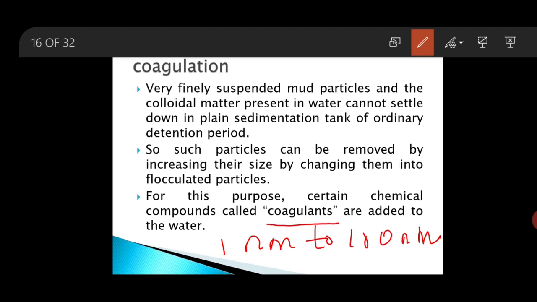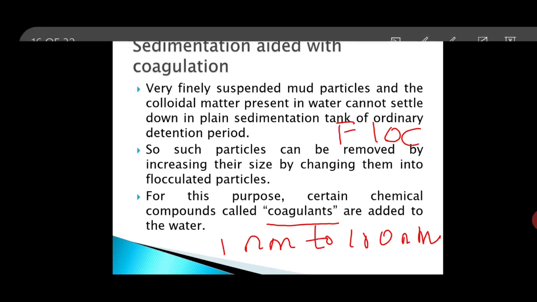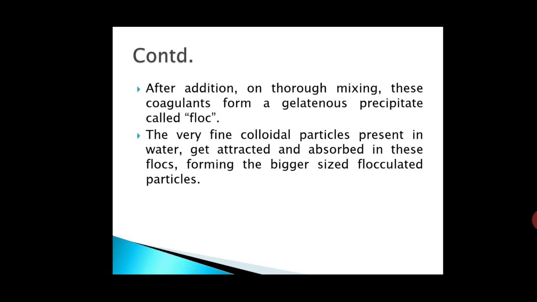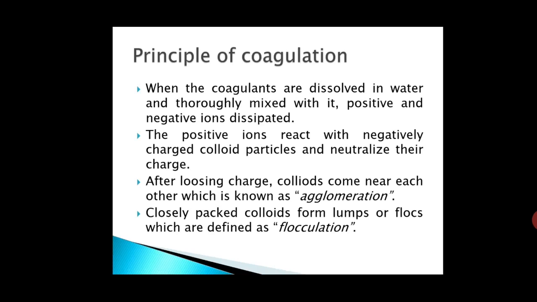So these coagulants will form a gelatinous precipitate called floc, and the very fine colloidal particles present in water get attracted and absorbed in these flocs, forming bigger flocculated particles. Clear?